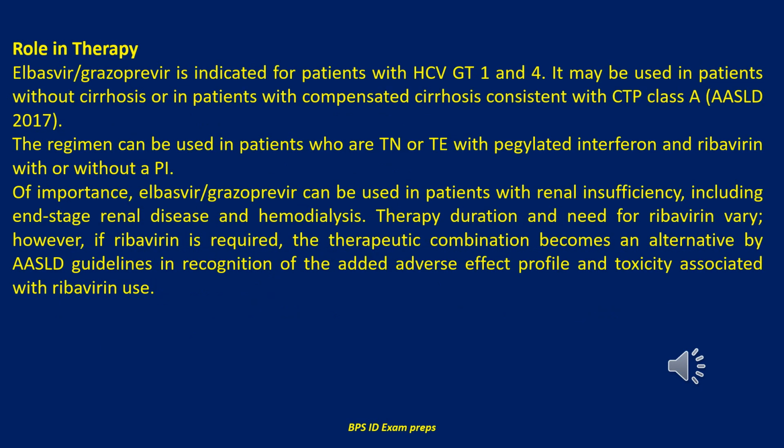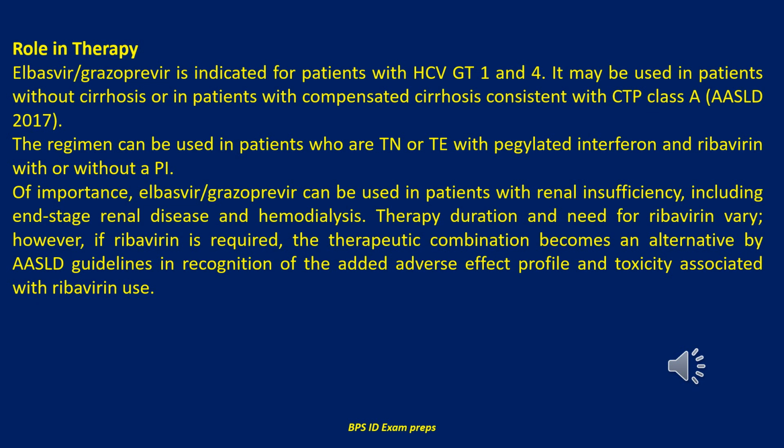Next we will discuss role in therapy. Elbasvir plus grazoprevir is indicated for patients with HCV genotypes 1 and 4. It may be used in patients without cirrhosis or in patients with compensated cirrhosis consistent with CTP class A, according to AASLD 2017. The regimen can be used in patients who are treatment naive or treatment experienced with pegylated interferon and ribavirin with or without a PI.